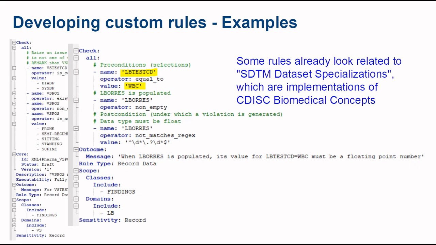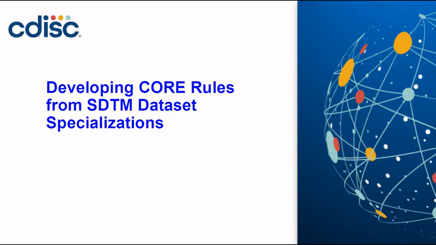For those who already know a bit about biomedical concepts and SDTM Dataset Specializations, this already looks pretty related. So that will be the topic of the remainder of the presentation.